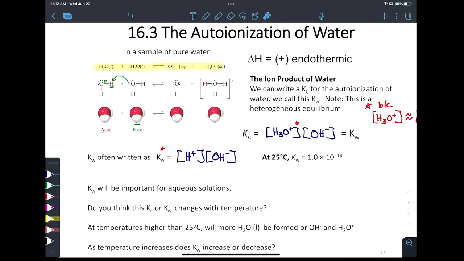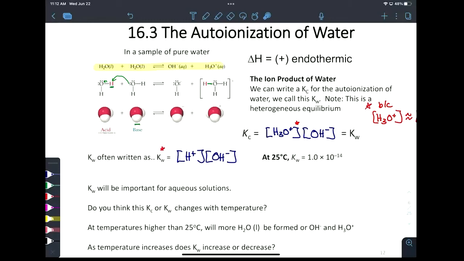All right, so this number, Kw, is really special because it has a known constant at certain temperatures. At 25 degrees Celsius, which we will just call room temperature, and for the most part, 98% of the questions that I give you in this chapter, we're going to assume is at 25 degrees Celsius. I have to tell you otherwise if it's not.